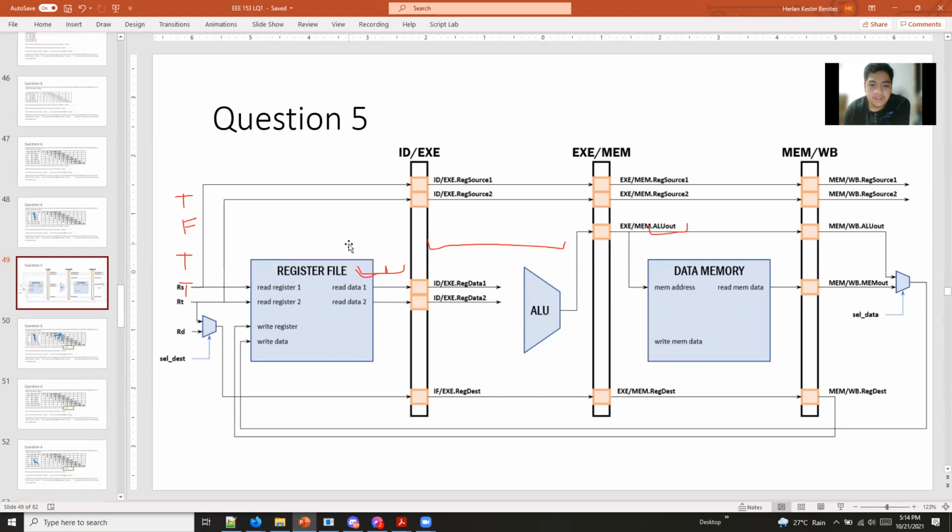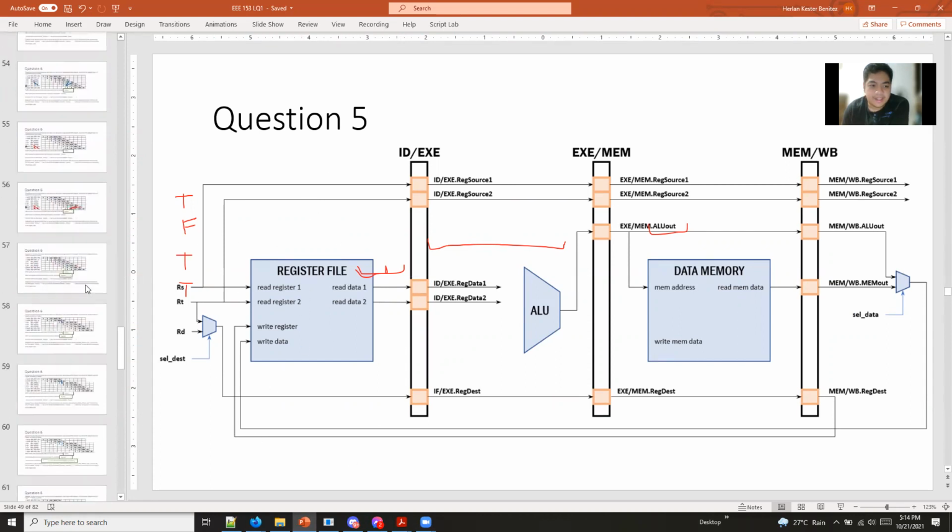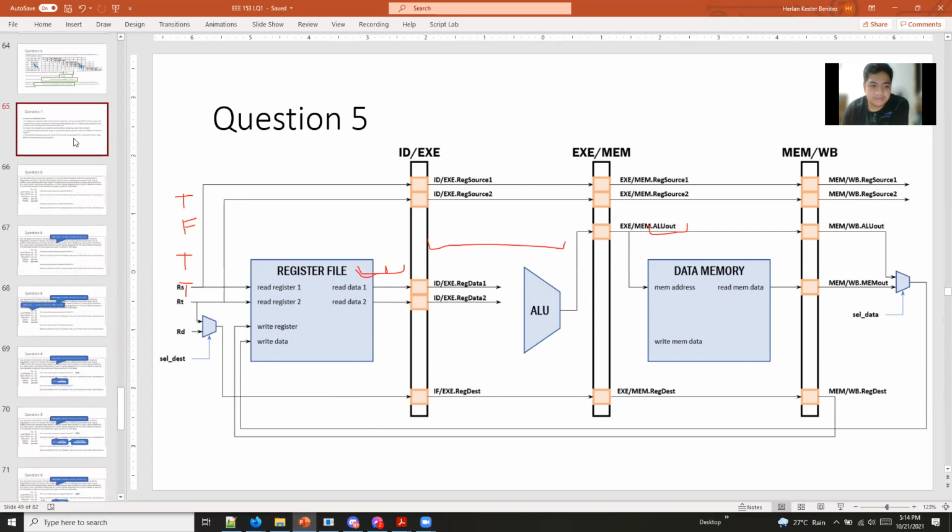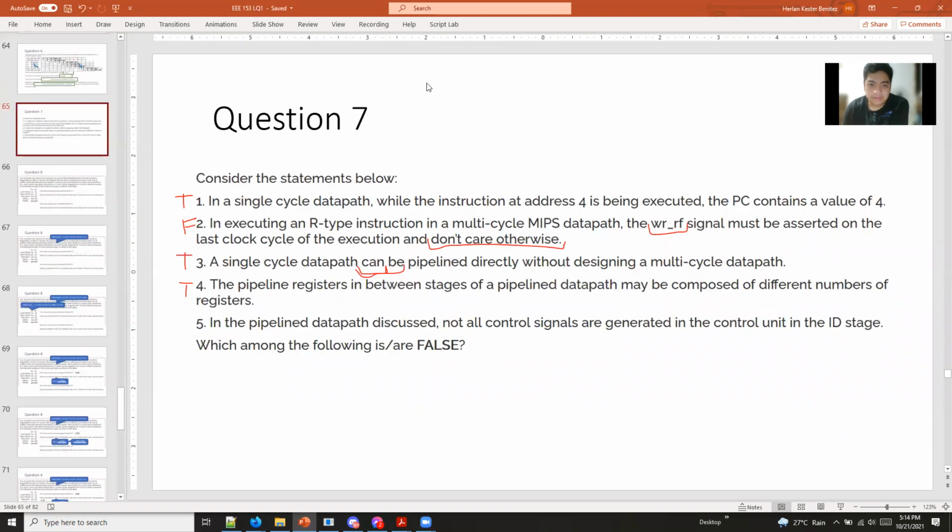Of course, meron tayong mga control signals na dito lang kailangan, dito lang kailangan. So hindi naman talaga lahat kailangan asserted sa ID stage. So medyo straightforward na. Actually, number 2 lang pala yung false. So yun.